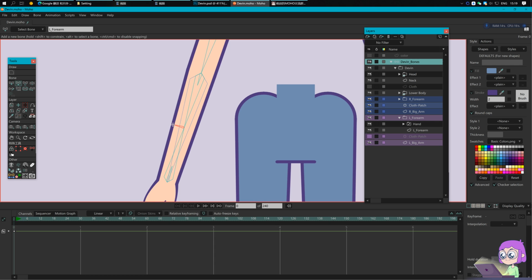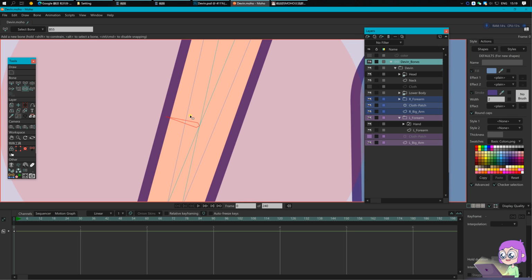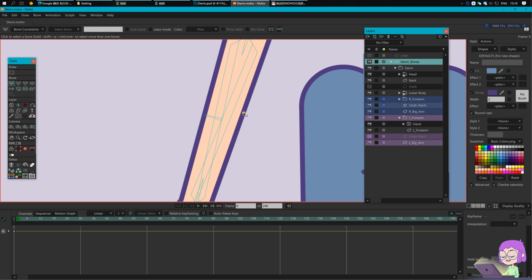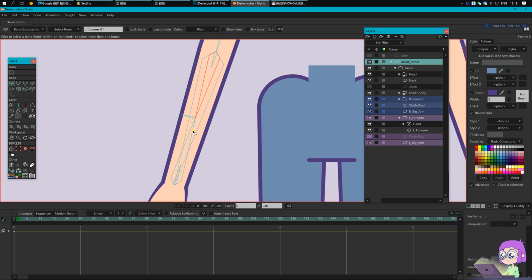Finally, set a bone in the middle of the forearm. The target of the two bones of medium length is connected to this bone.